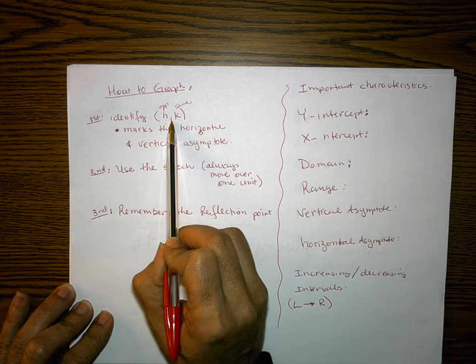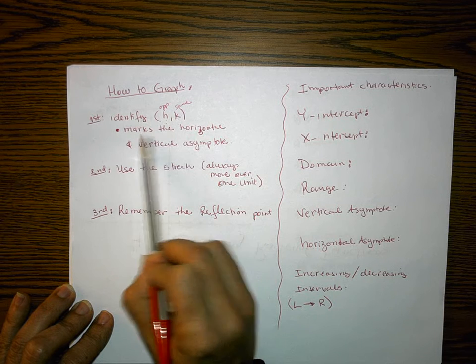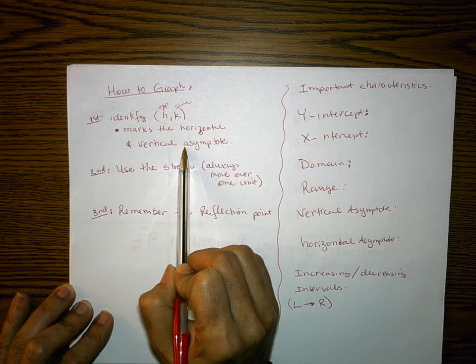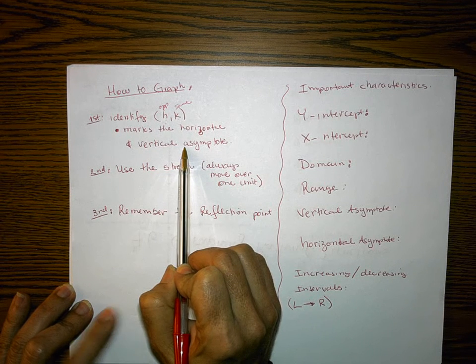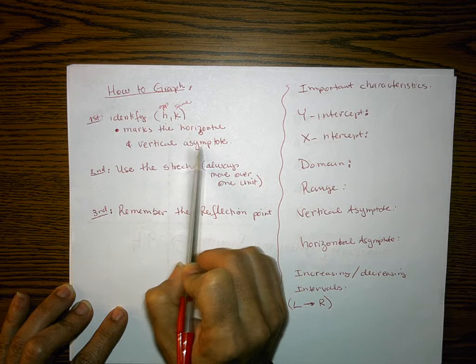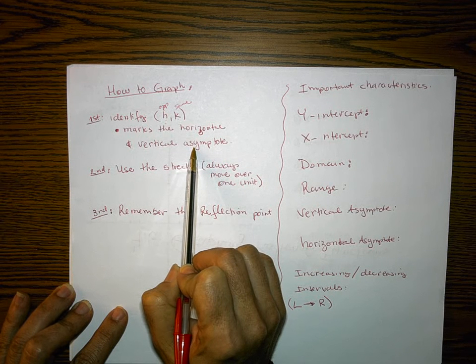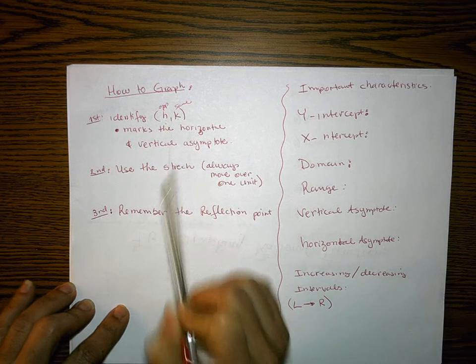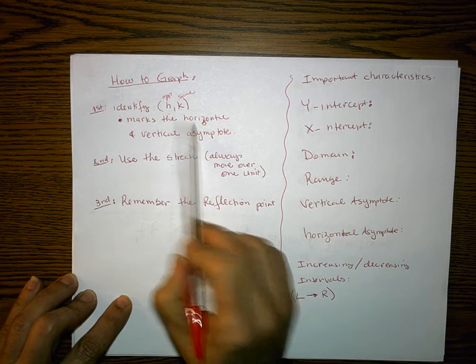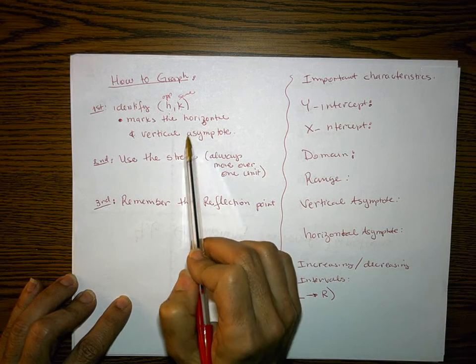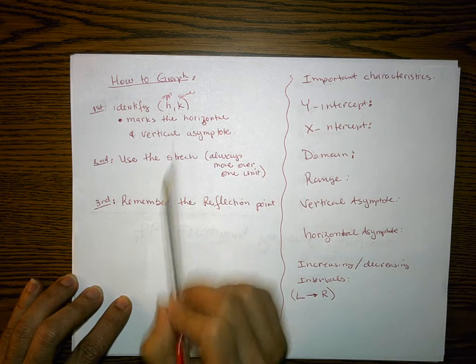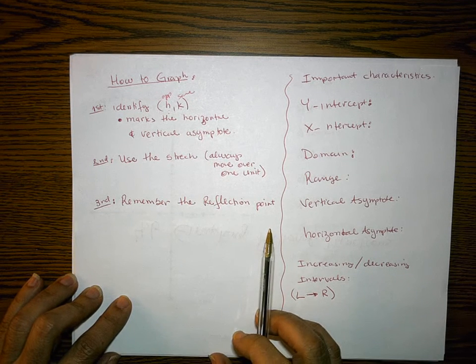The reason why h and k is so important is because it marks the horizontal and the vertical asymptotes of our function. These asymptotes are imaginary lines that the function does not cross for specific reasons. And then after we identify this vertical and this horizontal asymptote, we identify the stretch of the function.